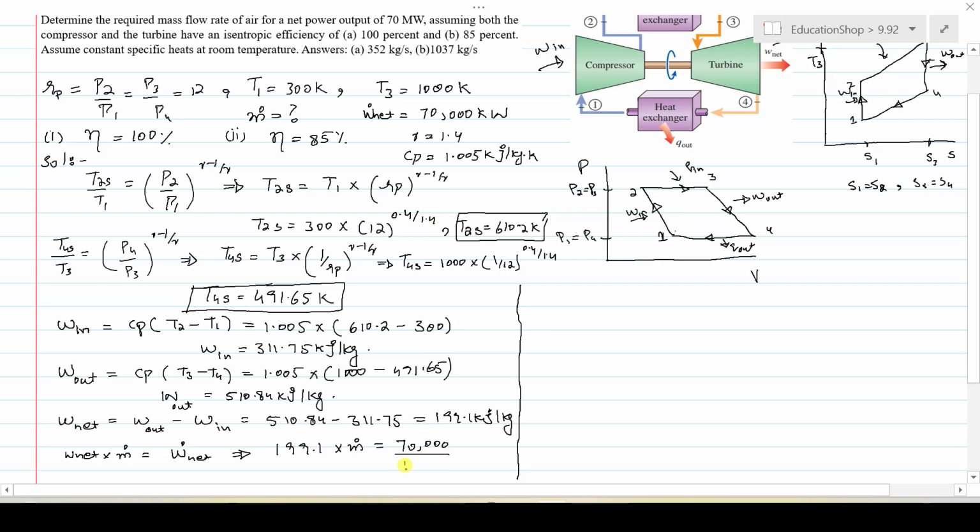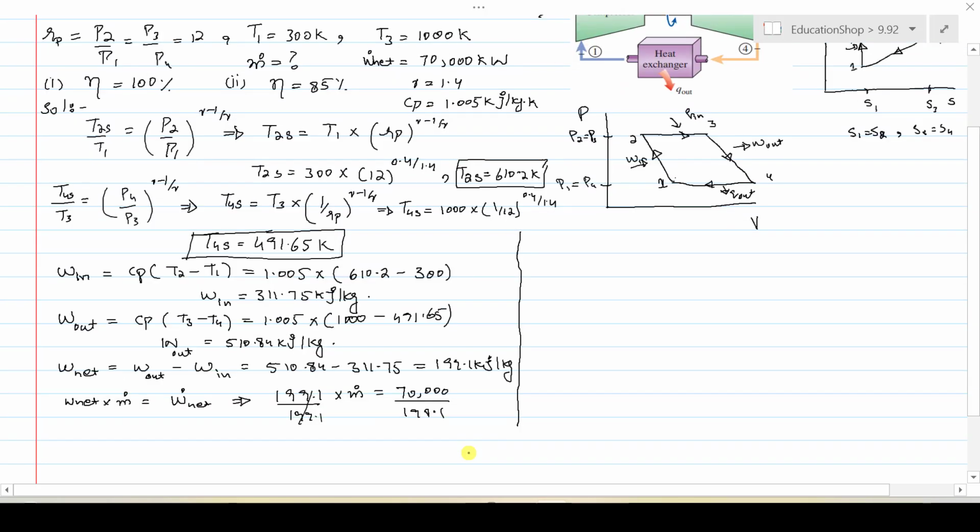Divide both sides by 199.1 and solve on the calculator. It will give you the mass flow rate in the first case, that is 352 kg per second. Remember, as I already told you, the first case is the ideal one, so it requires less mass flow rate of air, while the second case is near the real application, so it will require a higher mass flow rate of air.